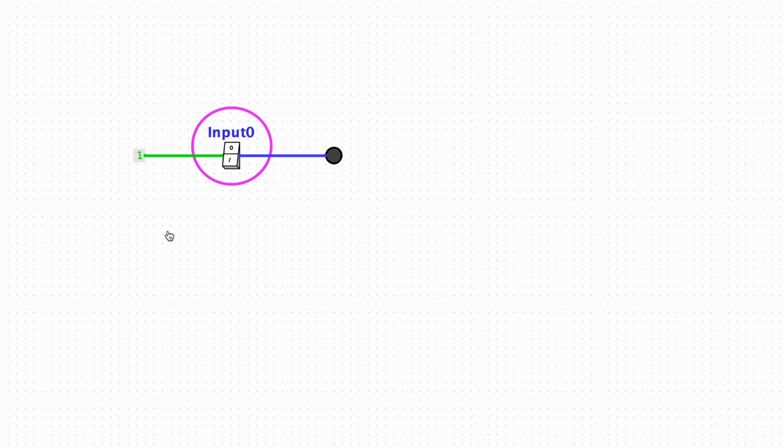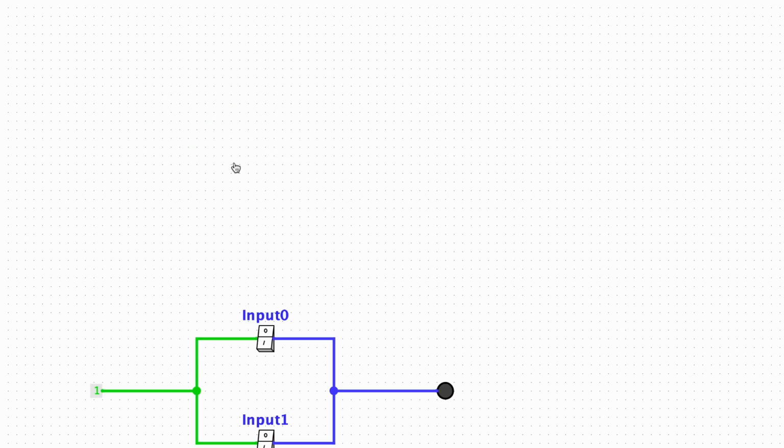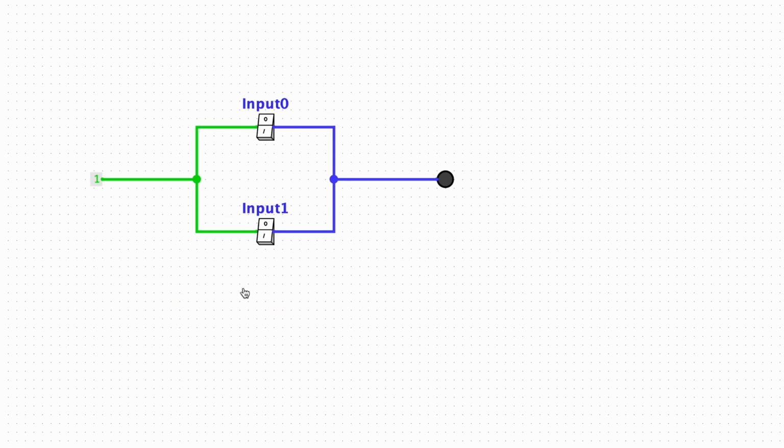So let's see how we can use this buffer gate to make a little bit more complex logic. See, here I have two switches, like you can say two buffer gates connected in parallel.